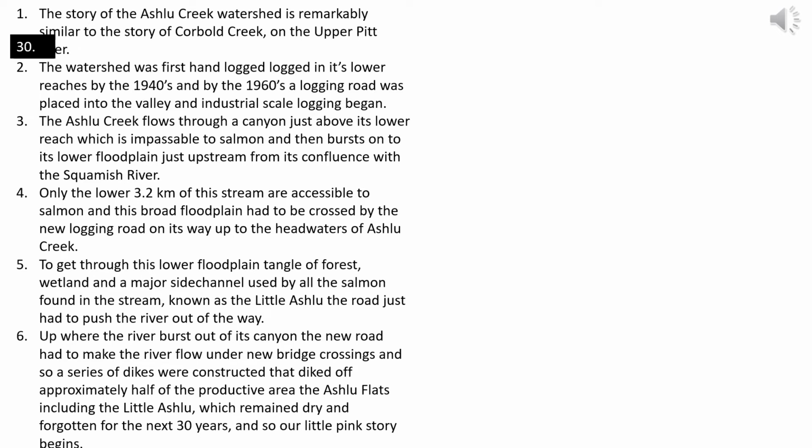And so this is where our little pink story, our little habitat restoration program for pink salmon story begins, about the Little Ashley recovery.